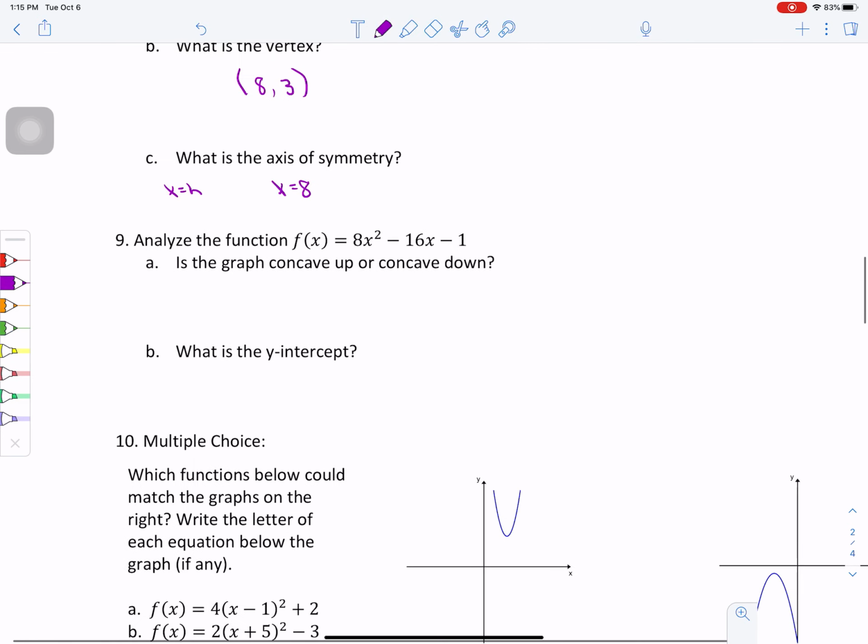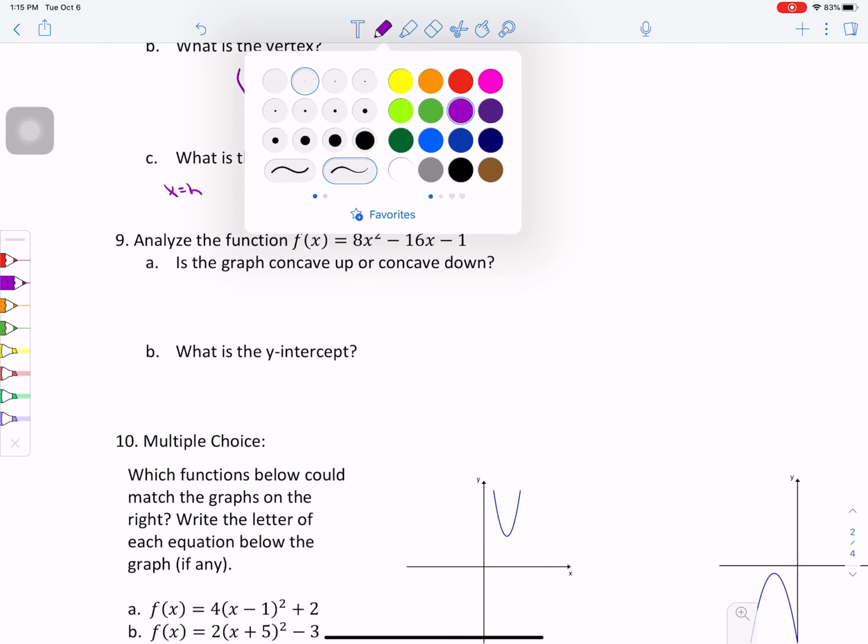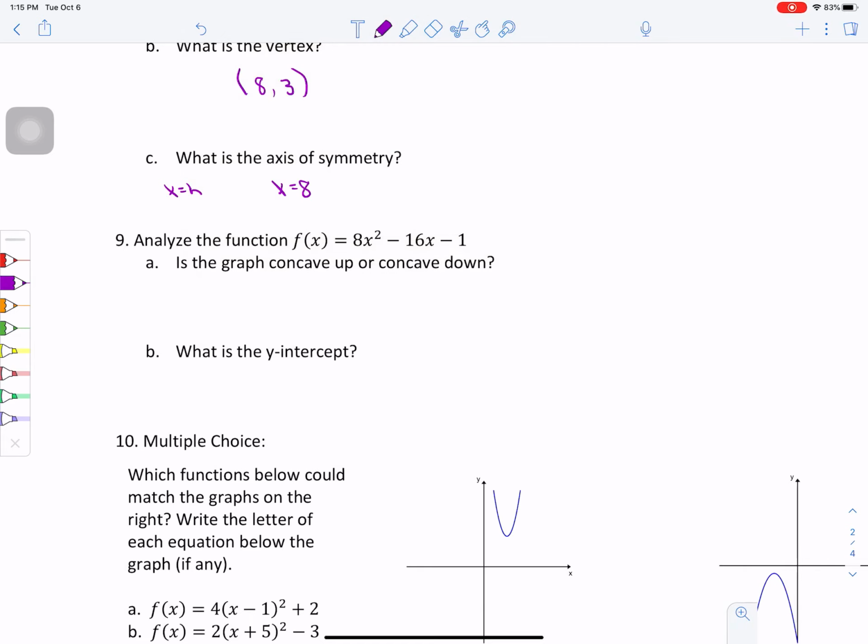And last but not least, number 9. For number 9, we have the function f of x is equal to x squared minus 16x minus 1. Here we have standard form.